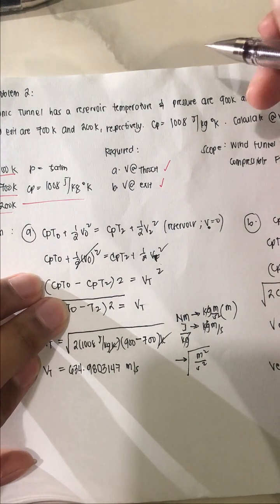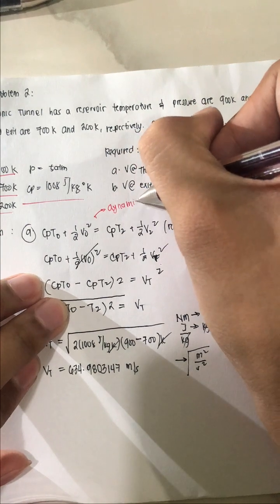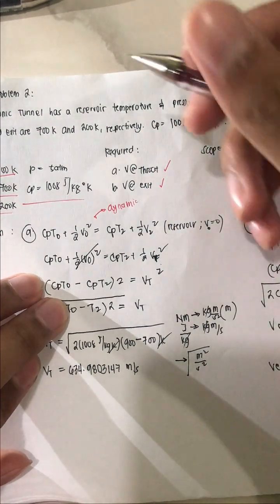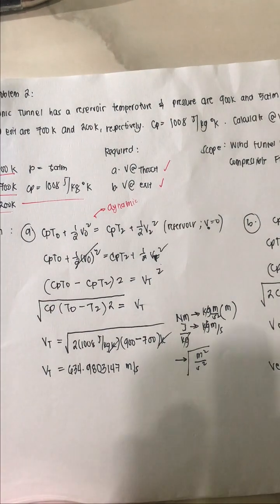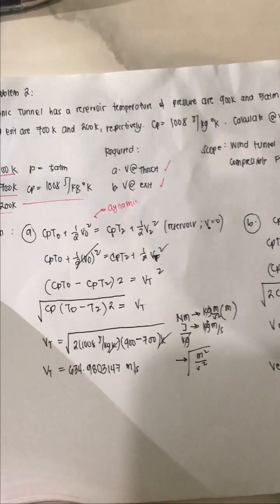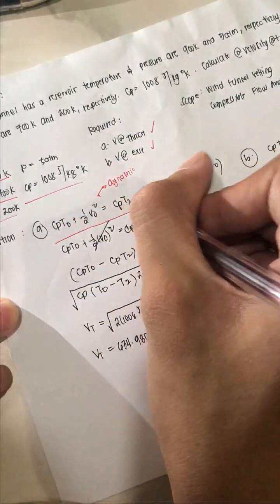Where does this come from? This comes from the dynamic pressure, which is the kinetic energy, and from the enthalpy equation, which gives us the energy equation.